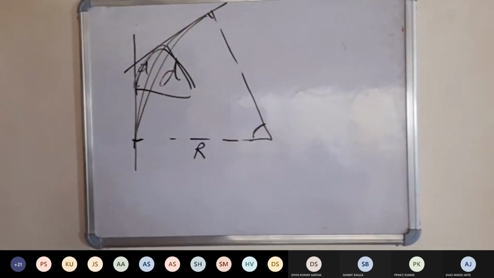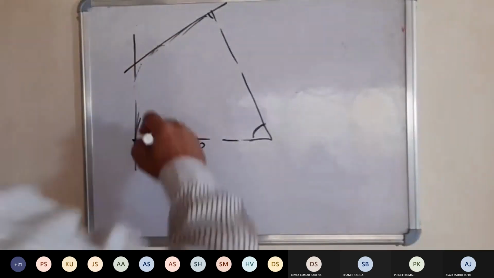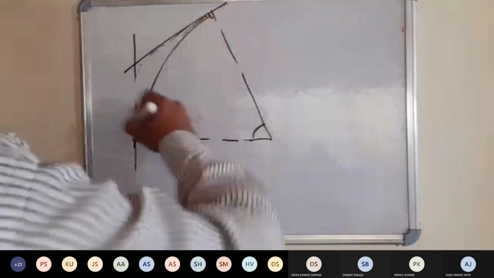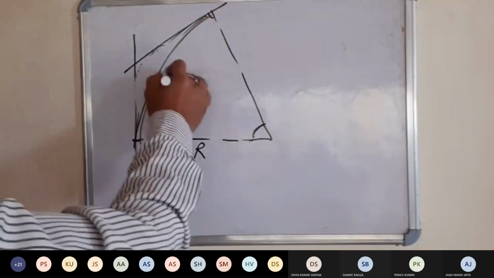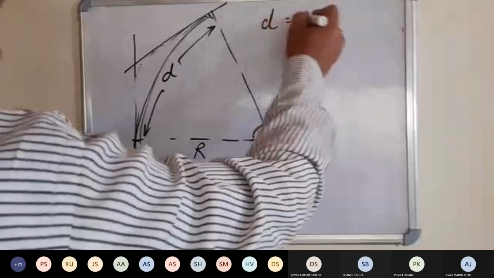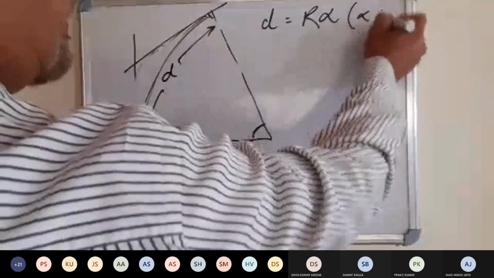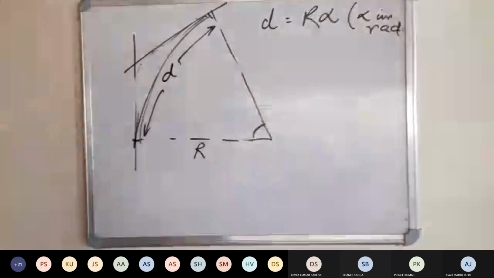That we have already seen. So in this figure, the distance d is equal to r into alpha, where alpha in radian, correct?